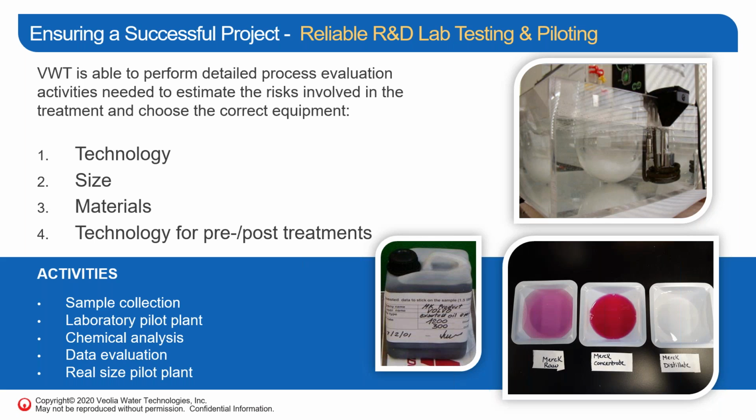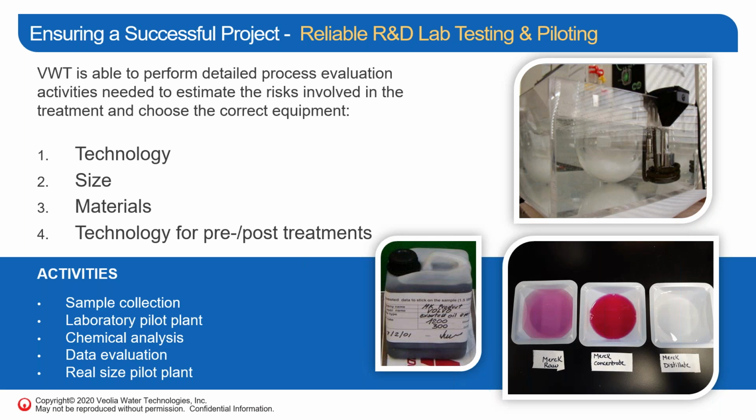But what's important in North America is to understand that with Veolia, you're always going to be working with people in North America. So we have process expertise located in Canada, process expertise located in the United States, and you're going to be working with our local expertise, and then we will collaborate with VWT Italy.